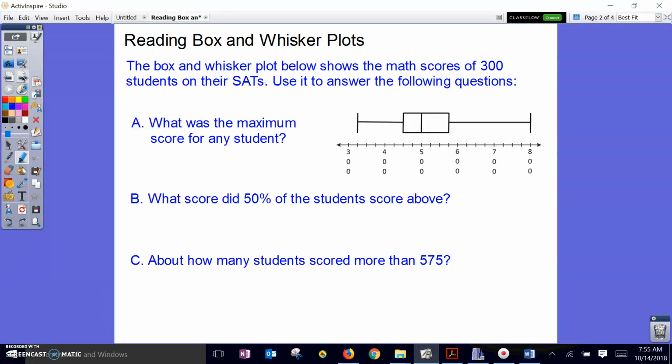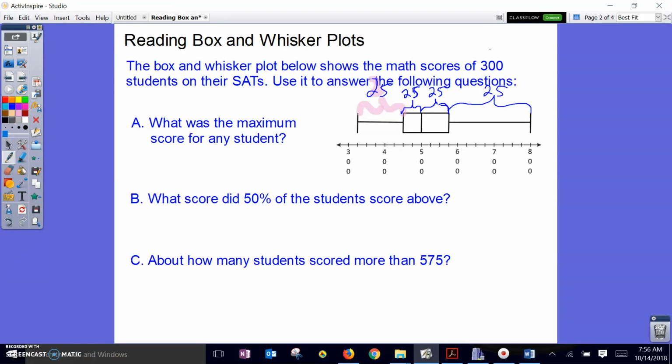So we see the box and whisker plot here, and remember, because of the way that box and whisker plots work, 25% of the data falls between the minimum and the first quartile, and another 25% of the data falls between the first quartile and the median, and another 25% of the data falls between the median and the third quartile, and another 25% of the data falls between the third quartile and the maximum.